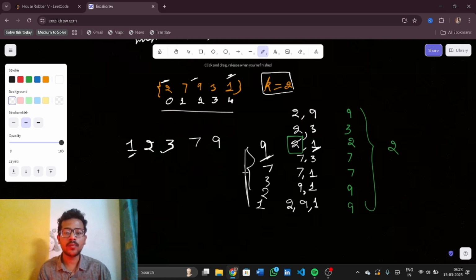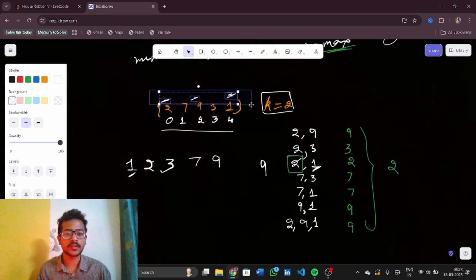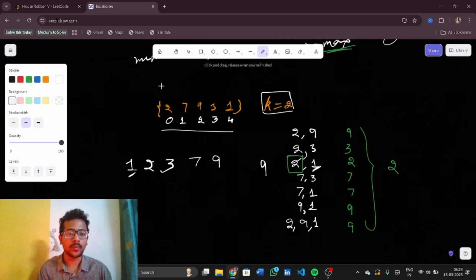These are the houses which can be robbed by taking 9. Here I have 2, which is lesser than 9. As I said, I can take the houses which have money lesser than 9. Every time I get a 9, this is my answer, which is the maximum.